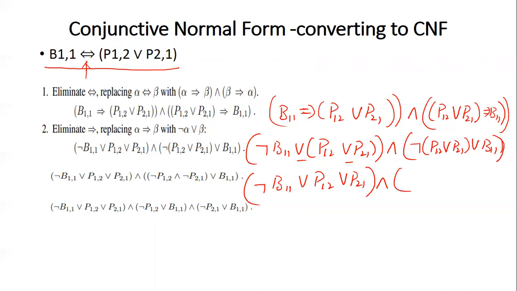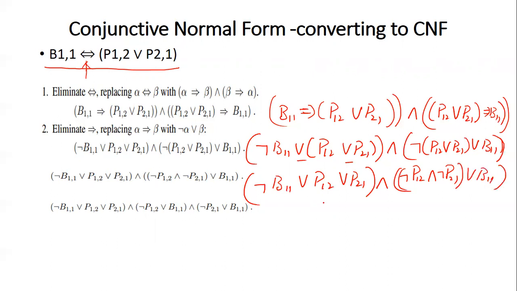When you move this not inside, it will become and. So not of P12 or P21, when you move it inside, will become not P12 and not P21. We'll keep this bracket as it is, or B11.